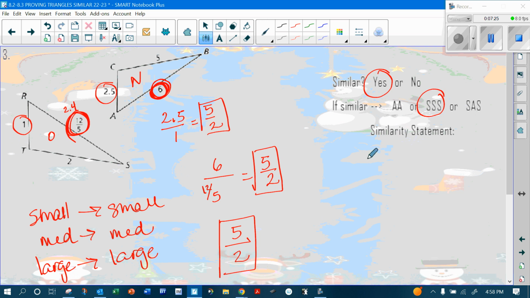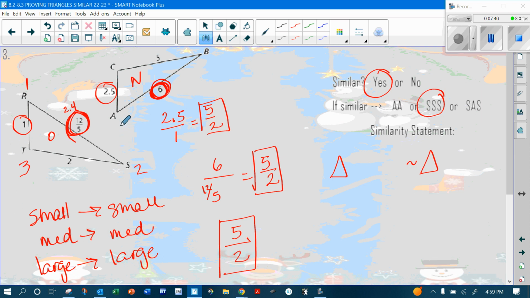The similarity statement: triangle what is going to be similar to triangle what. So I'm going to look at the R, go down the long side to S, to T, which is the end of the medium side, sorry.